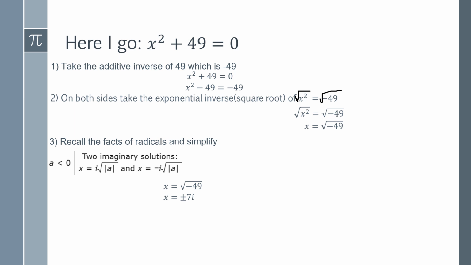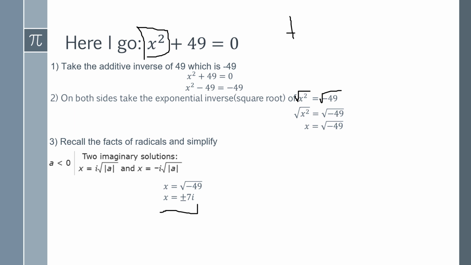The i comes from the negative sign. You are not allowed to have a negative number in the square root. So our answer is going to be plus or minus. And again, because we're dealing with x squared, we got two solutions.